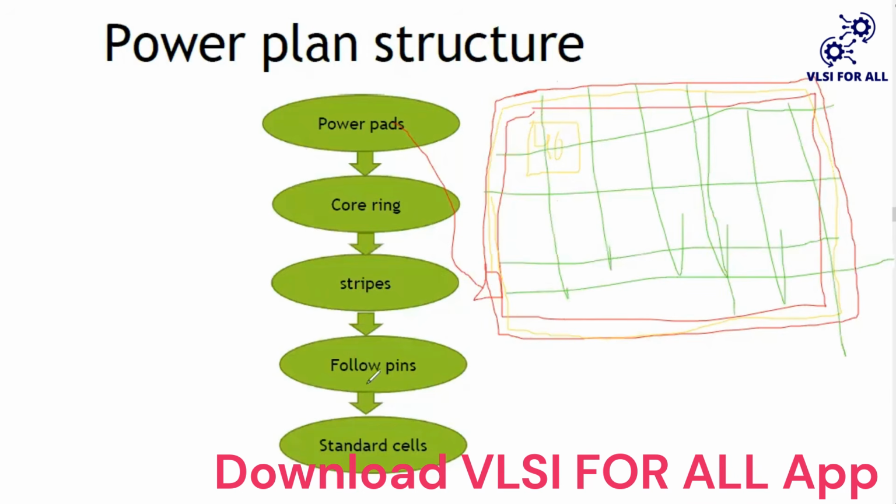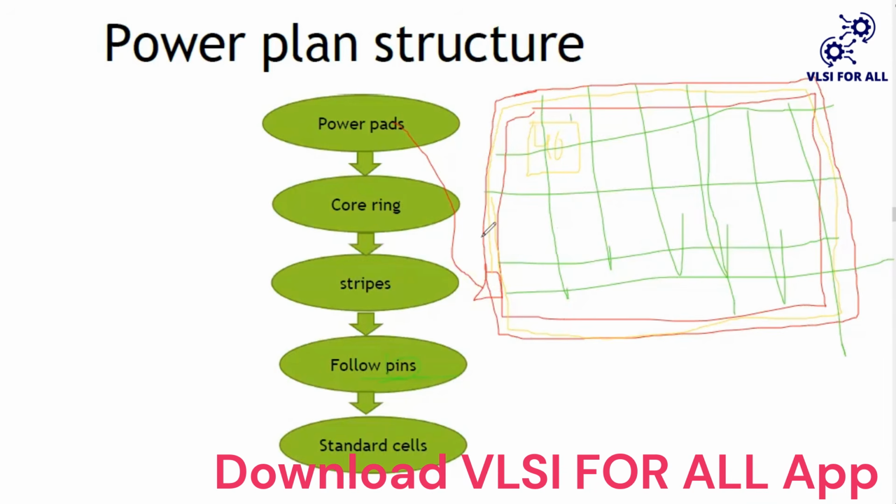Next one, follow pins. If you follow the pins, you can remember them as the pins. This means the macros' power pins and every standard cell's pins. How the connection goes to every standard cell is based on the stripes and also on the design's standard cell side row connections.